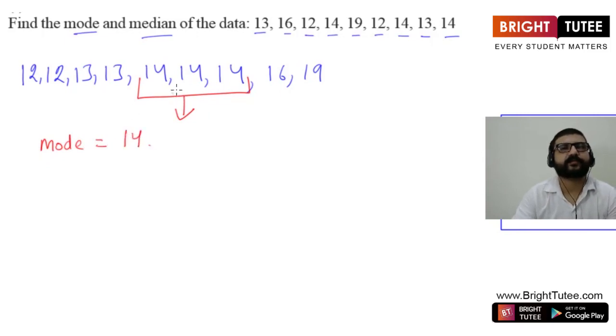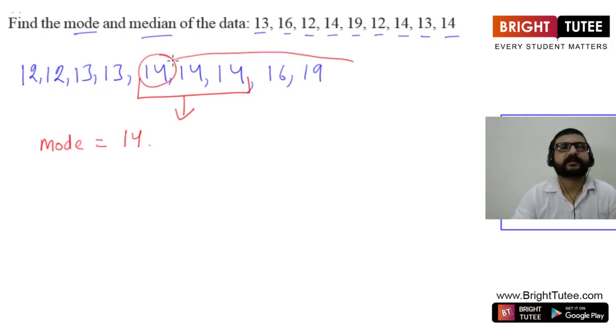Now we have to find median of this data. Median is middle value when the data is arranged in ascending order or the descending order. So this is the ascending order of the data. So we just have to check what is the middle value. Now since here are 9 terms written here, so the 5th term will be the middle term. That will be this term.